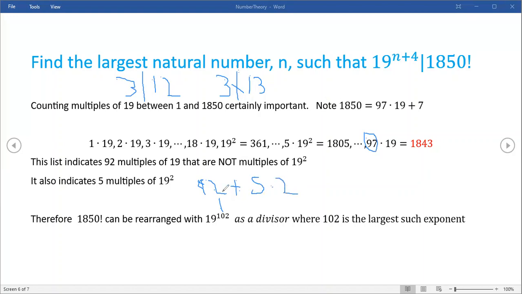Okay, hopefully that's clear where I got that. The 92 are just the straight multiples of 19. But then you have 5 multiples of 19 squared, which is 10 copies of 19. So that's where this 102 comes from.